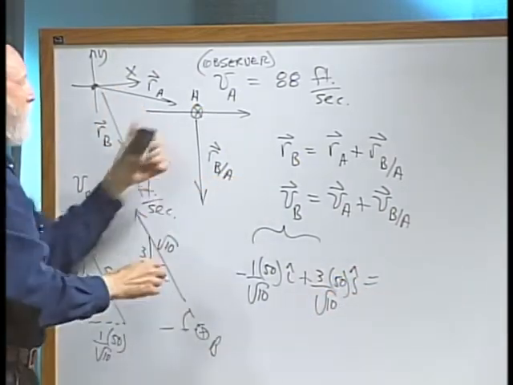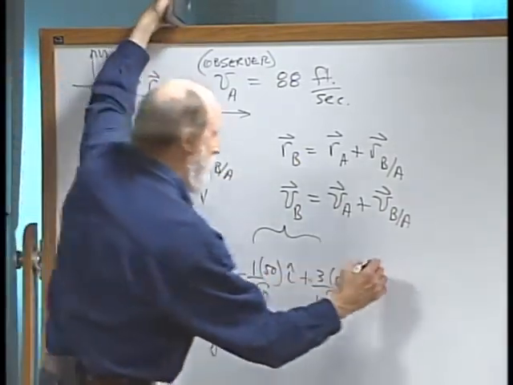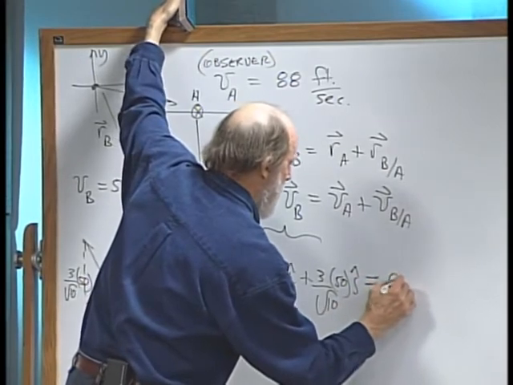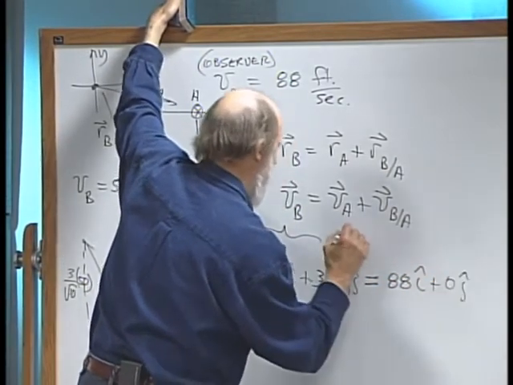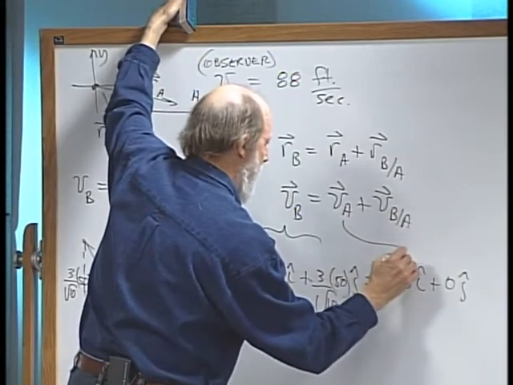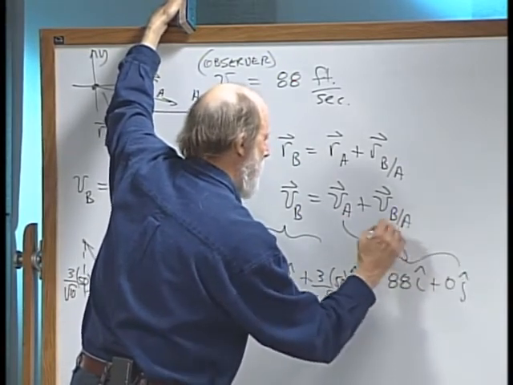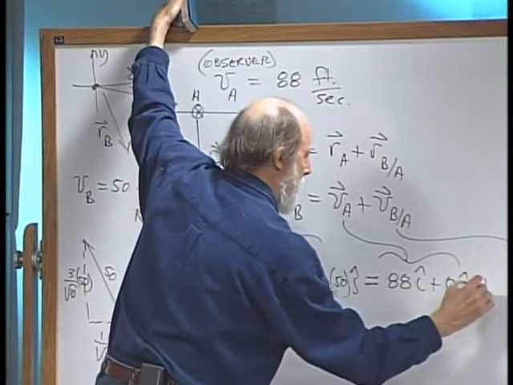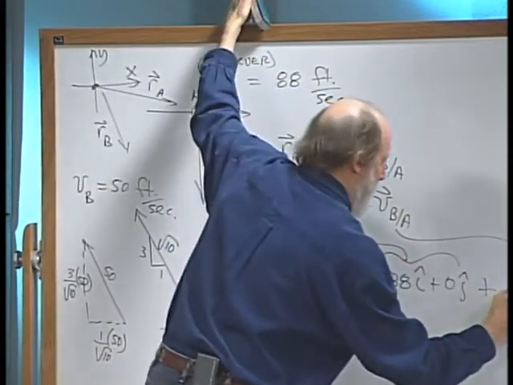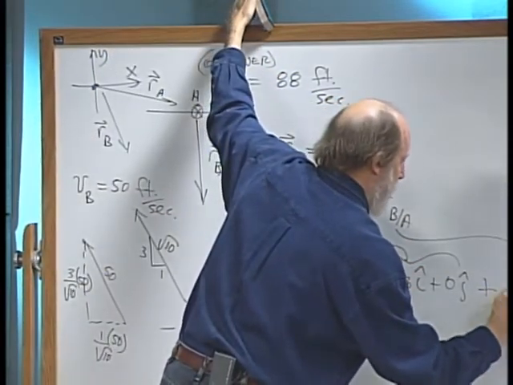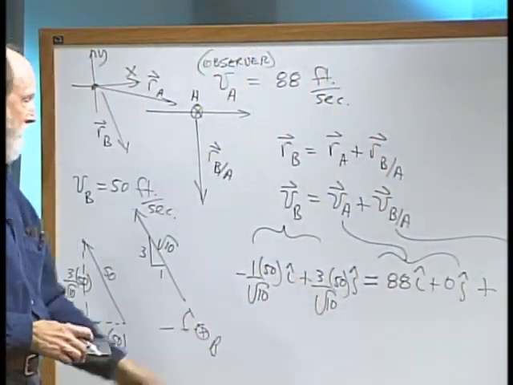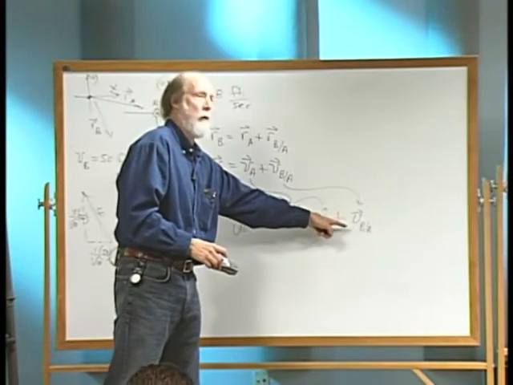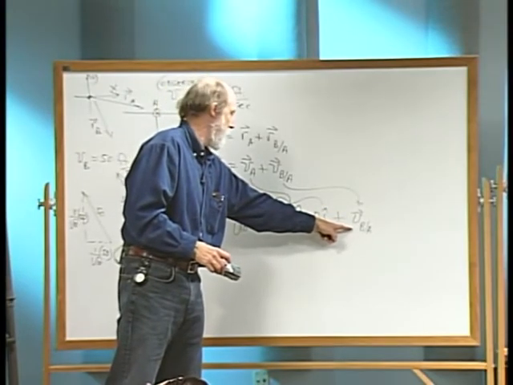Equals the velocity of A, I like that one, 88I plus 0J, takes care of that one, plus this unknown relative velocity vector. So now all we do is solve for the unknown relative velocity vector.